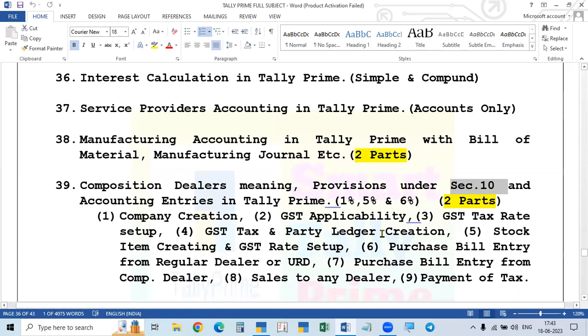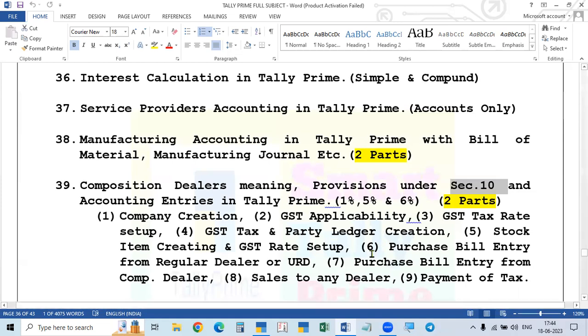They will be outside, but sometimes they will come to India and do the business for some time. That is called a non-resident taxable person. They do business in India for some time and then close. They are also not eligible to register under this composition scheme.